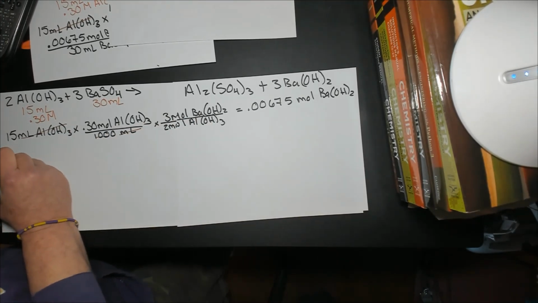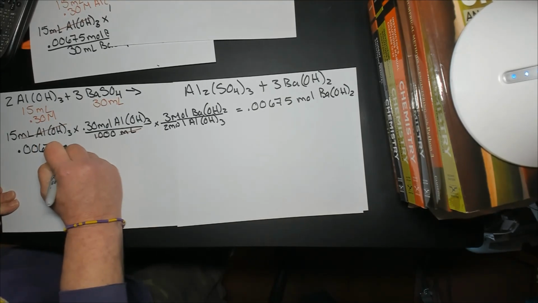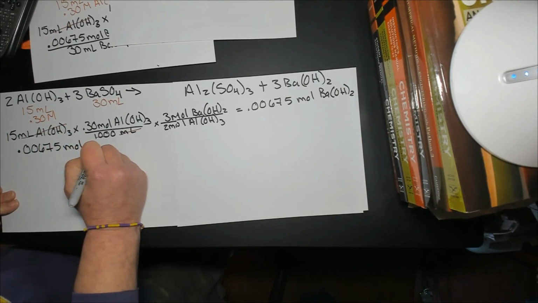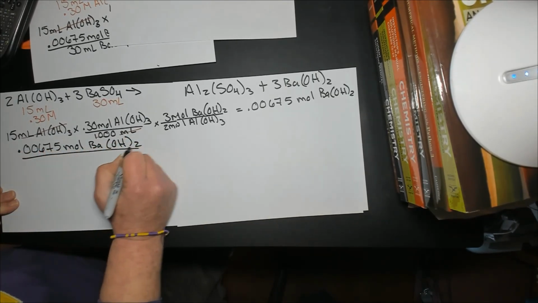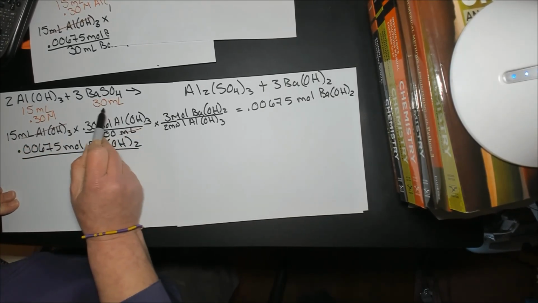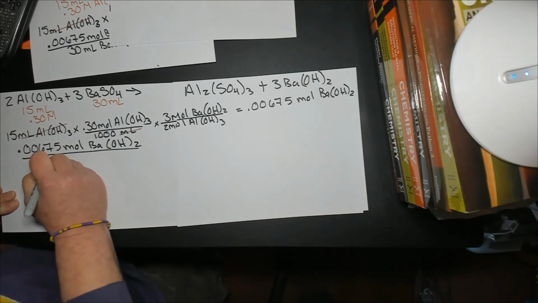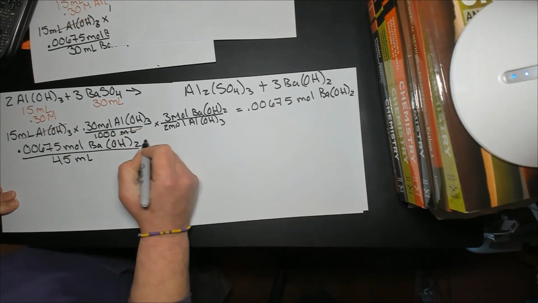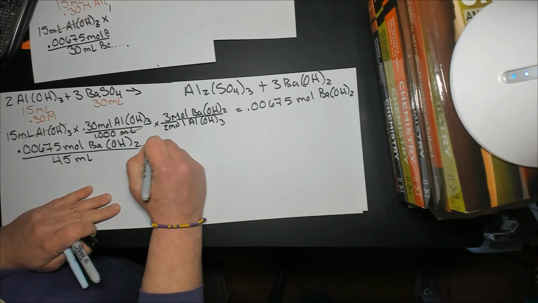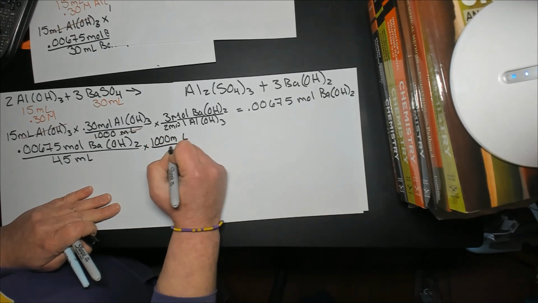So for my molarity of BaOH2, I have 0.00675 moles of BaOH2. And that is going to be in this total volume of solution. So this one will be in 45 milliliters of solution times my 1,000 milliliters per liter.